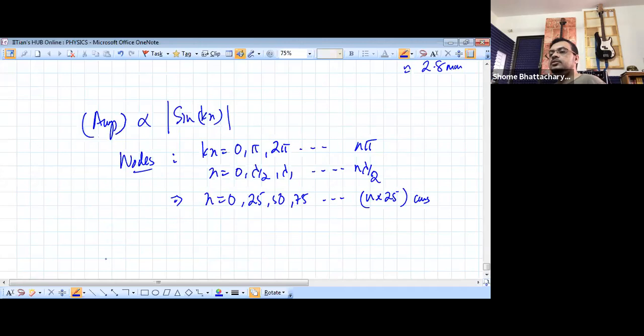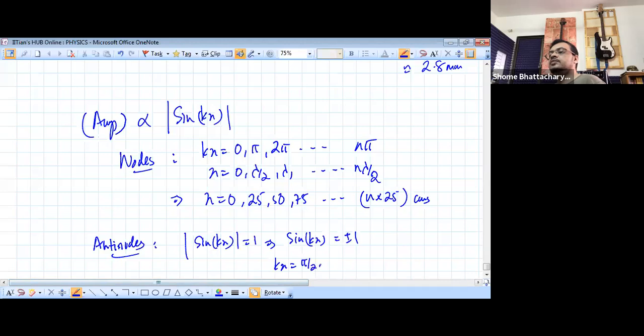And antinodes, those are where the mod of sine kx is 1. So sine kx is plus minus 1. So kx is pi by 2, 3 pi by 2.